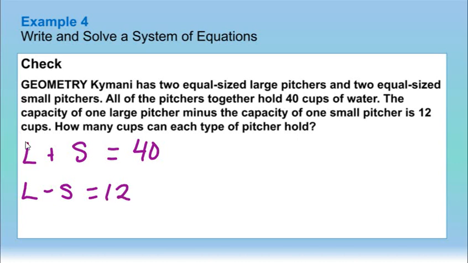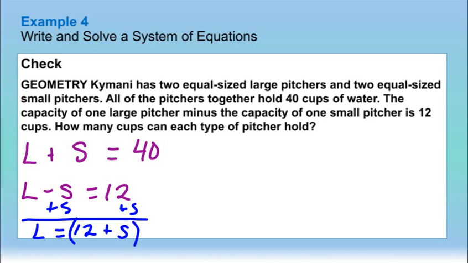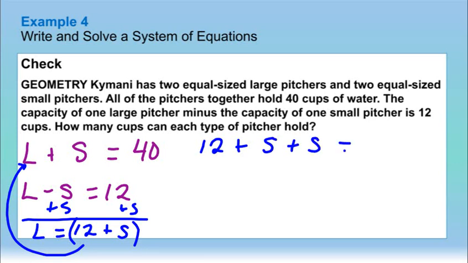There are a couple ways of solving this one, but I'm going to continue with substitution. So here, if I were to add S to both sides, I would now have L equals 12 plus S. And if that's what L is, I can substitute that in for this L. And so I would have 12 plus S equals 40.